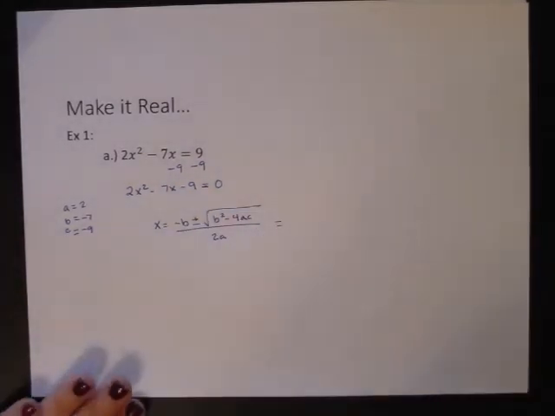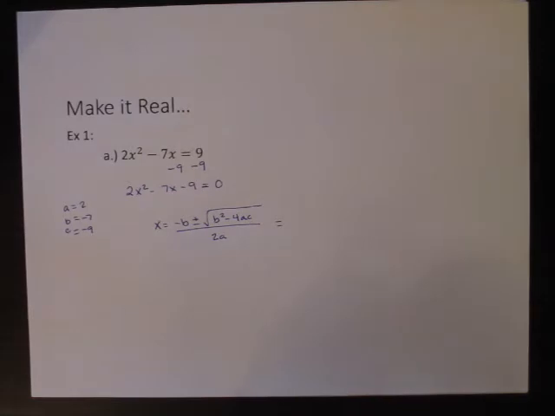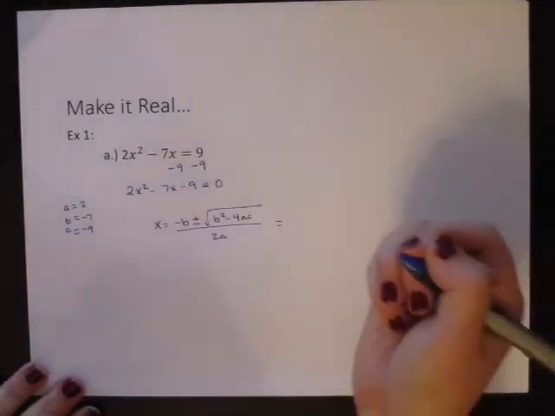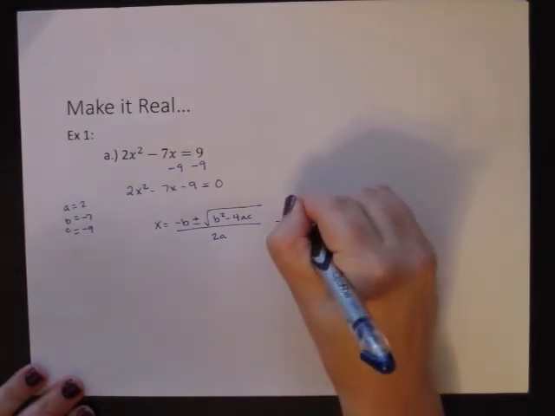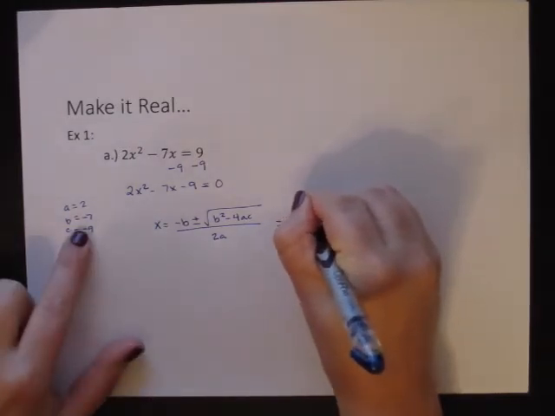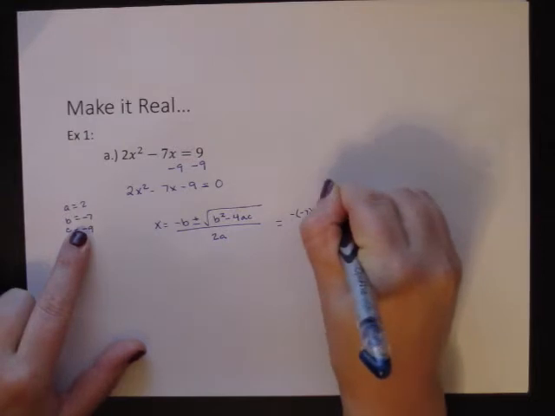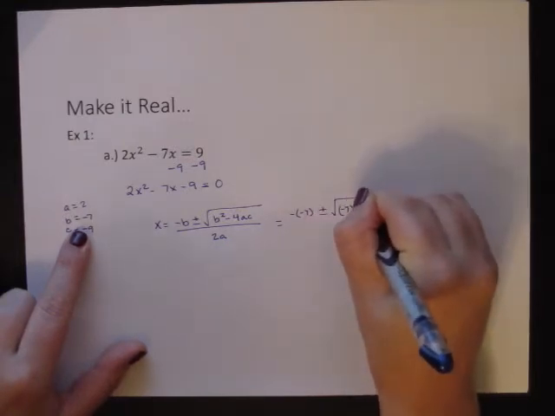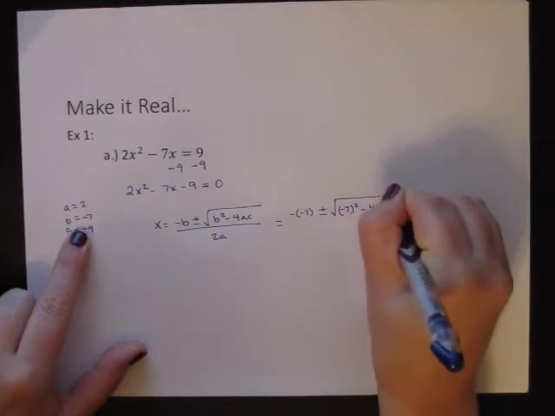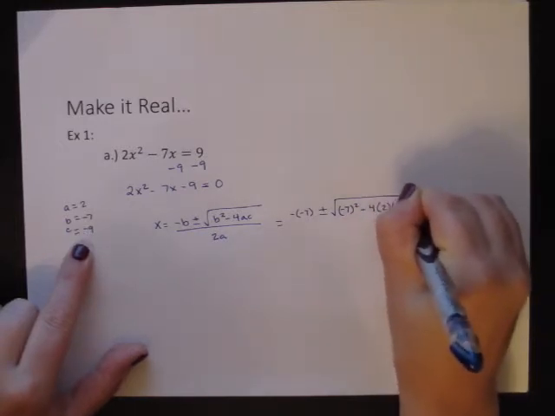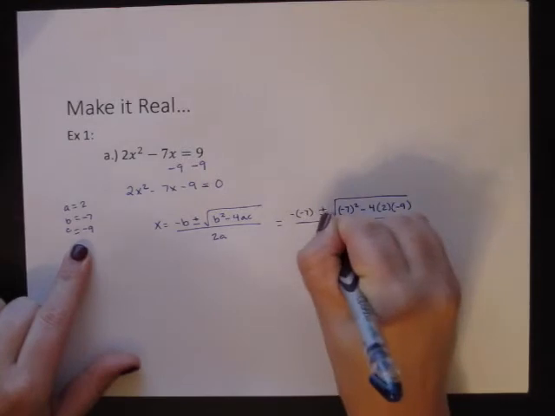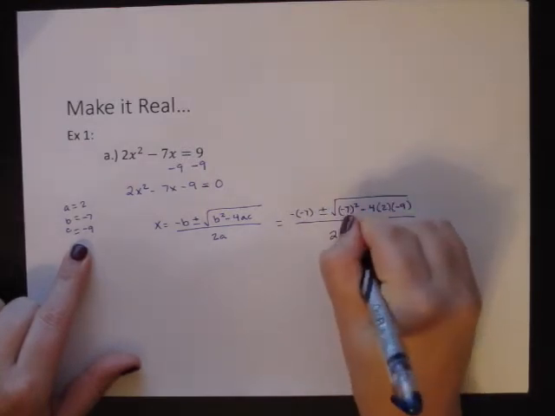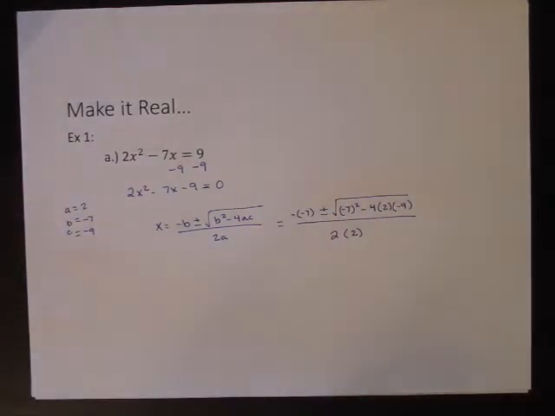I won't give you that formula, so you need to make sure to have it memorized, and it needs to be written on every problem. After you write the formula, it becomes a simple plug and chug. So I go negative b plus or minus the square root of b squared minus 4 times a times c, all over 2 times my a, which is 2.